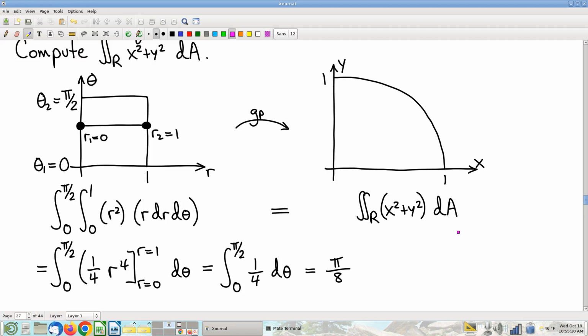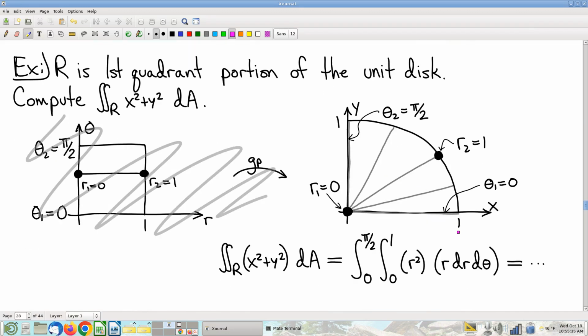But I kind of don't need this anymore. Everything that I saw from this picture, I can see it over here. I can see what my theta slices look like. I can see for a given theta slice, I can see what happens as r moves. Here's r equals 0, and there's r equals 1. You can see it all in this picture. You don't have to draw your pullback. So here's that same example again.